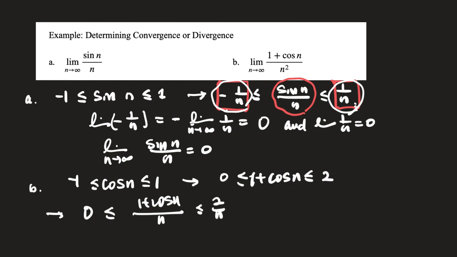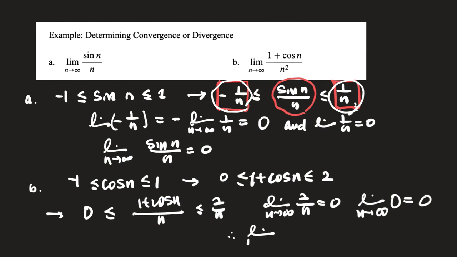What is the limit of 2 over n? 0. Limit of 0? 0. So all go to 0. So the limit as n approaches infinity of (1 plus cosine n) over n also goes to 0. That's what the squeeze theorem says. Okay, guys?